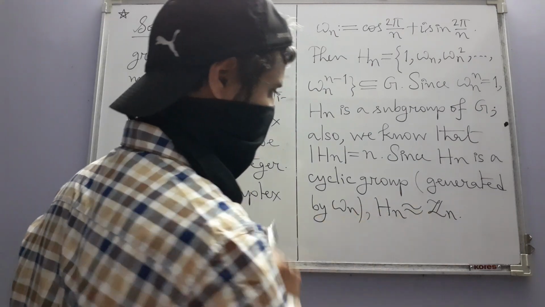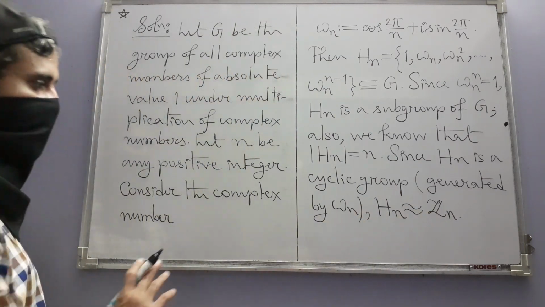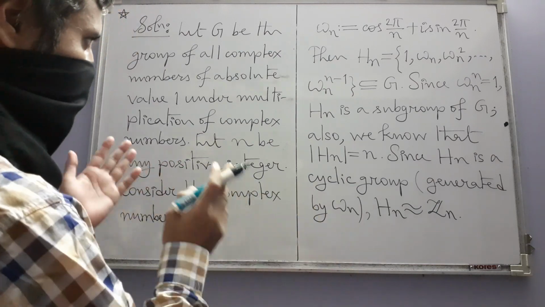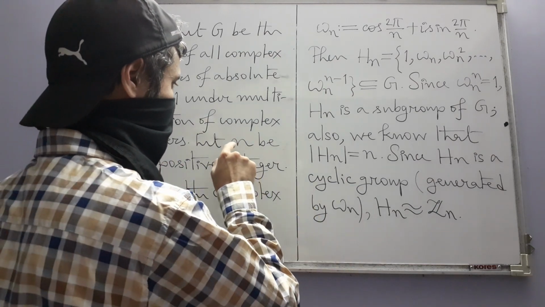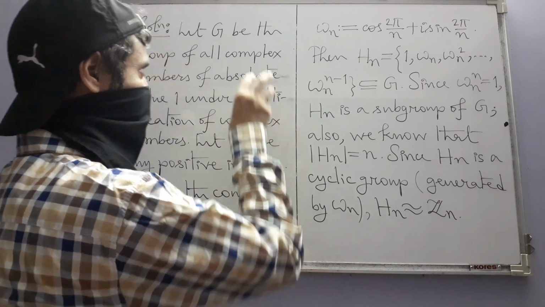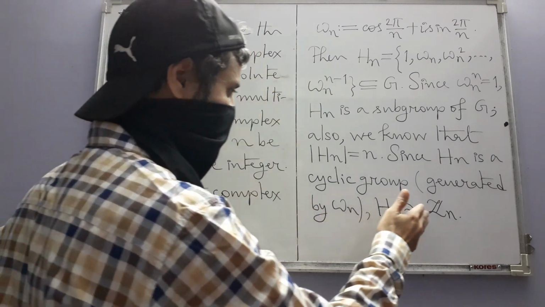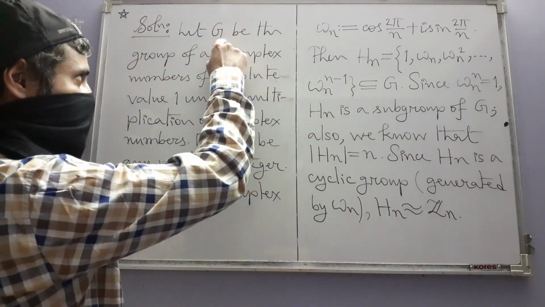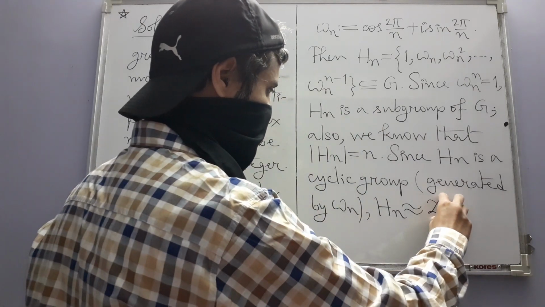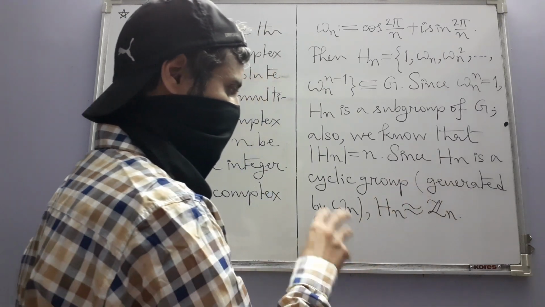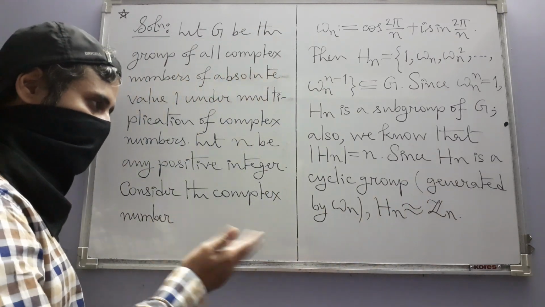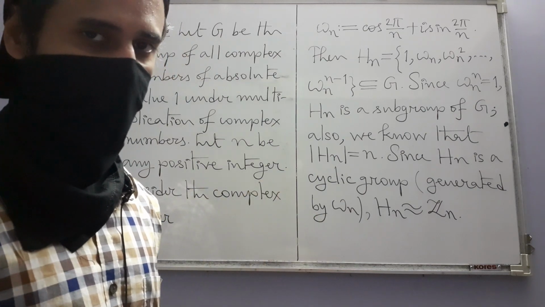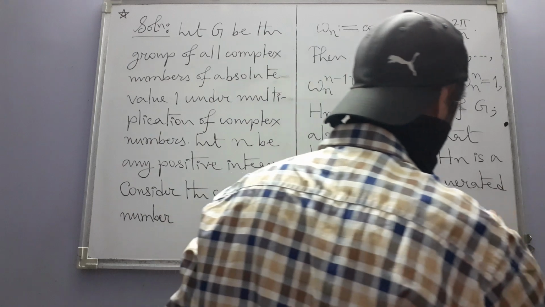The operations are different, but that does not matter, they are isomorphic. So that's just it. You have found for every positive integer n a subgroup of G that is isomorphic to Zn. So essentially you have found a group G in which there is a subgroup isomorphic to Zn, meaning group theoretically Zn itself is a subgroup of G for every n. So that's how you have your example.